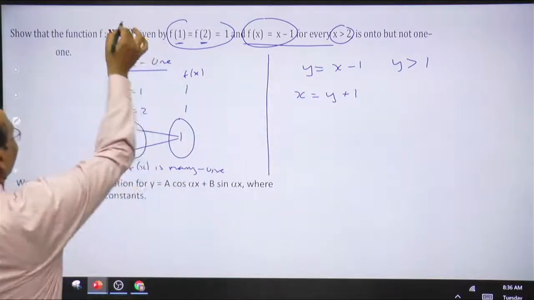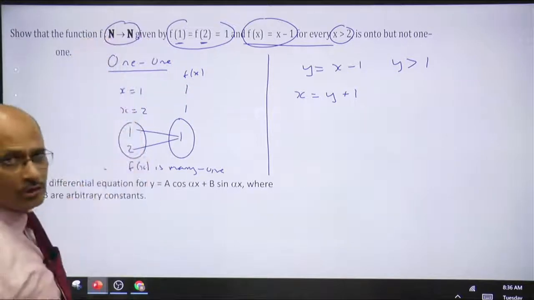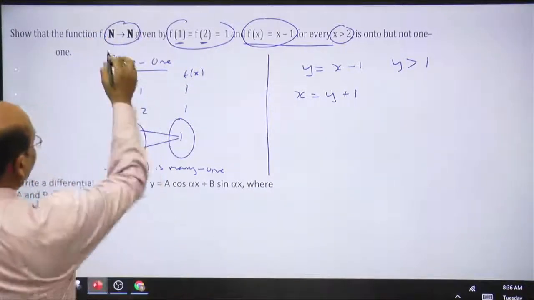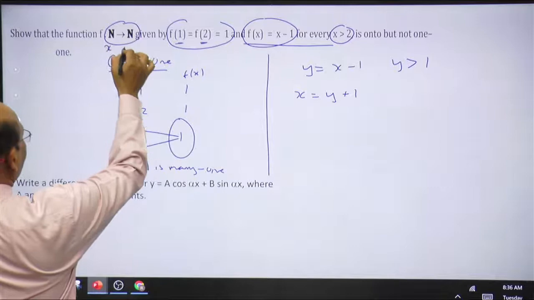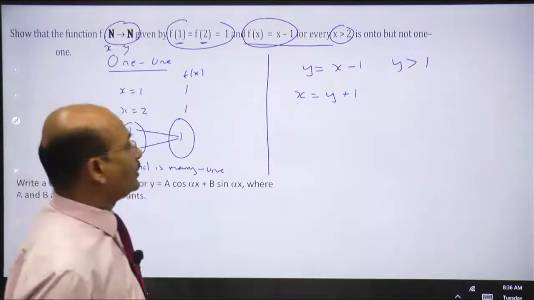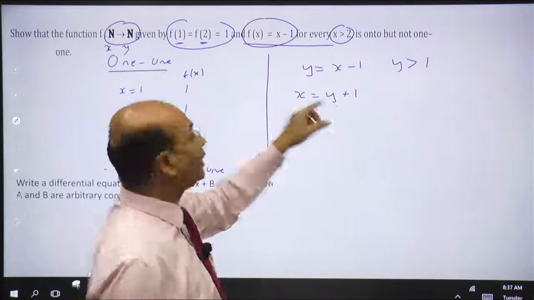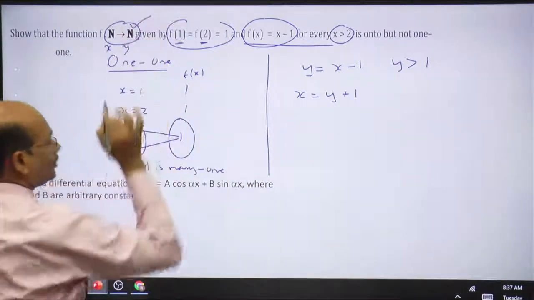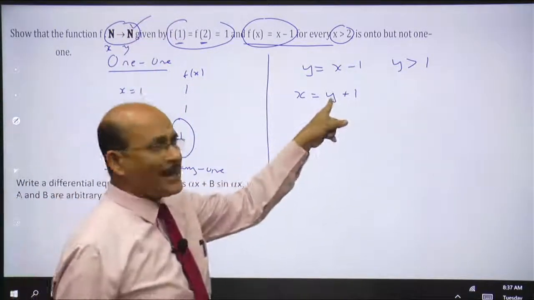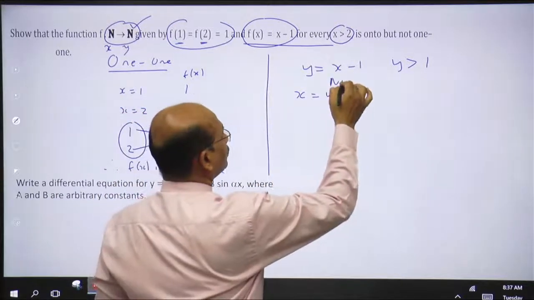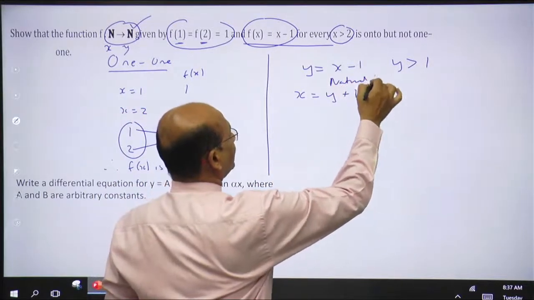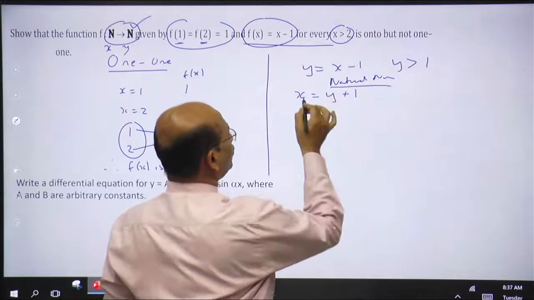Now understand this portion. For onto, this really helps you a lot. This is my x and this is my y. So I ask you a simple question. If I substitute y as a natural number, tell me what you are going to get x as.